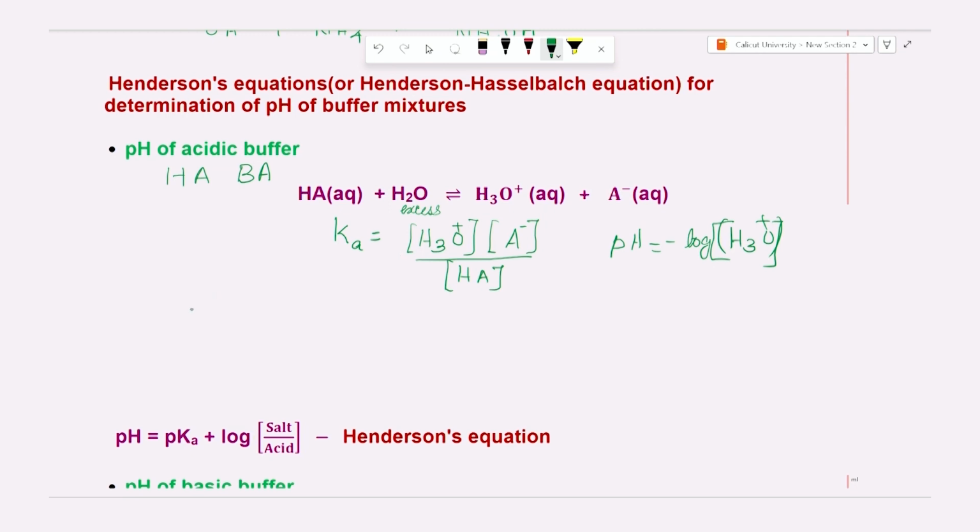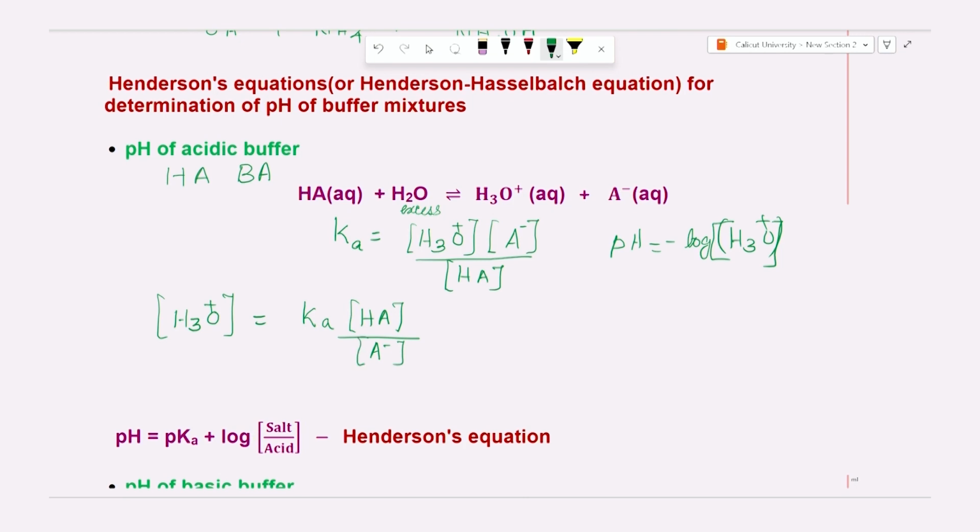So, let us make this equation in the form like H3O plus ions will be equal to Ka, and on that side, denominator goes to numerator. So, concentration of HA in the numerator divided by A minus.